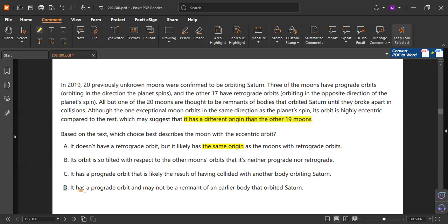But letter D, it can be. Look, it has a prograde orbit, and it may not be a remnant of an earlier body that orbited Saturn, because it has the same direction. This is the one exceptions happened. So it's not remnant. You feel it? Because it's one from the 20, as he mentioned here.